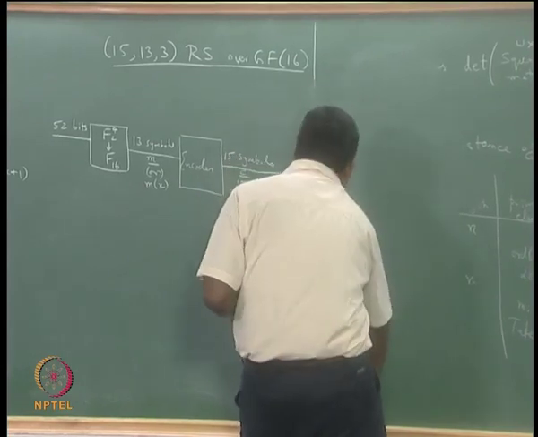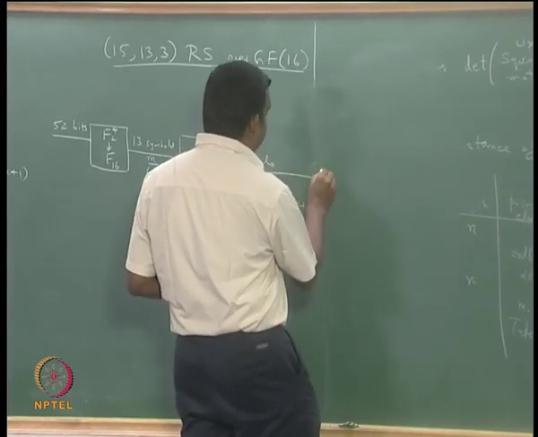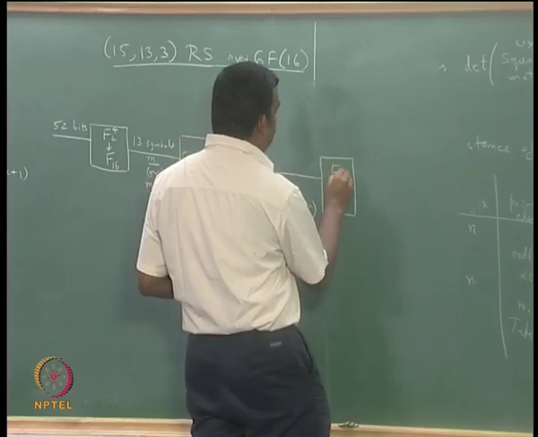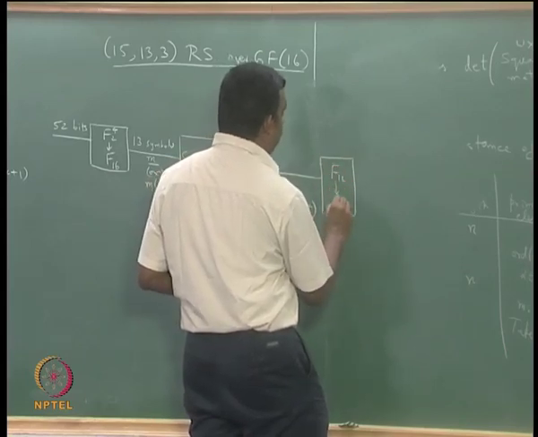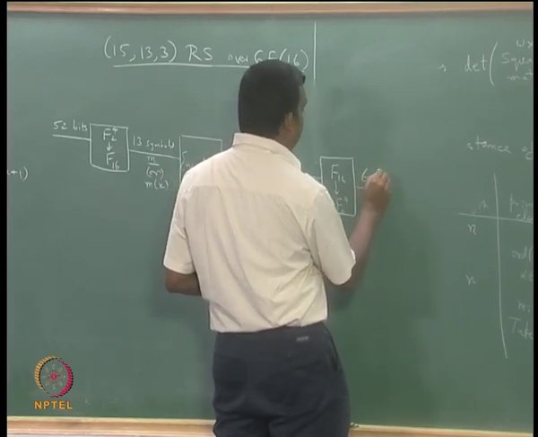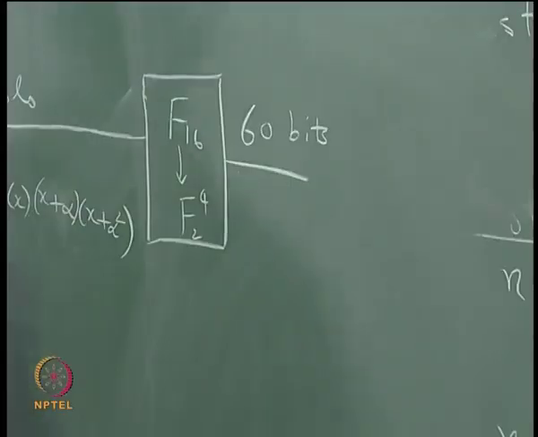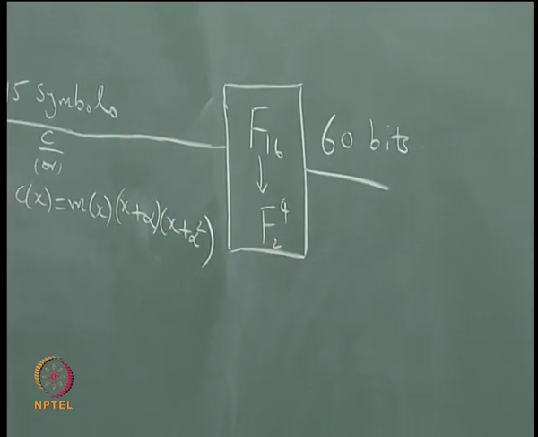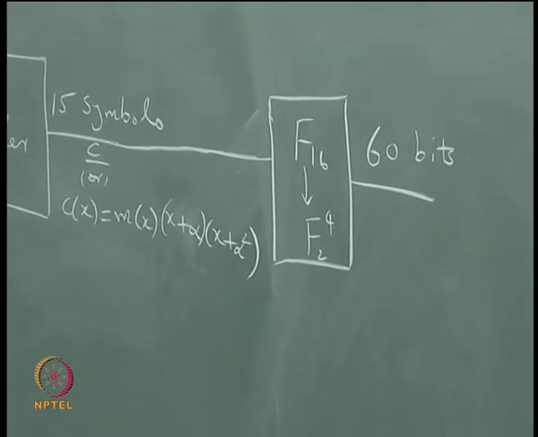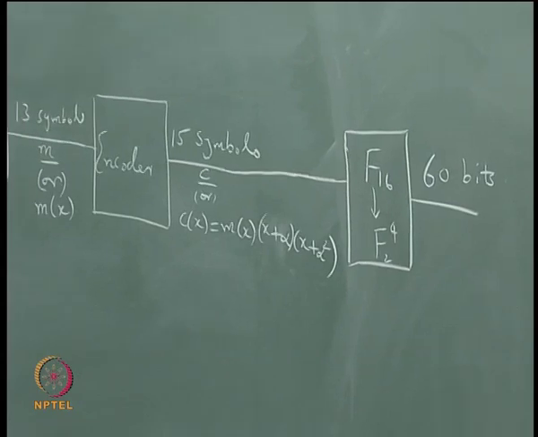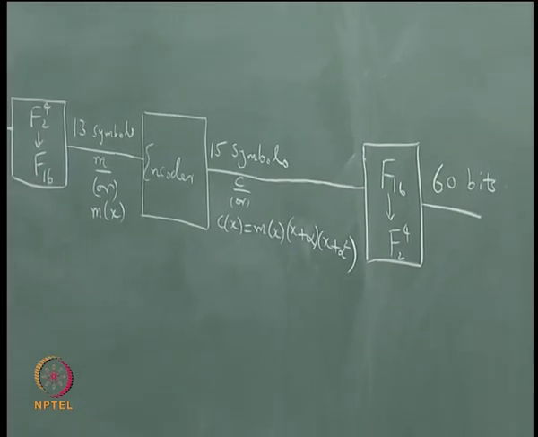Okay, so it's good to think of it as being converted back to bits. Even if you are doing something else here, you can go from F16 to F2 power 4. Okay, so you do that, you get 60 bits. Okay, so this is how the encoder would operate.